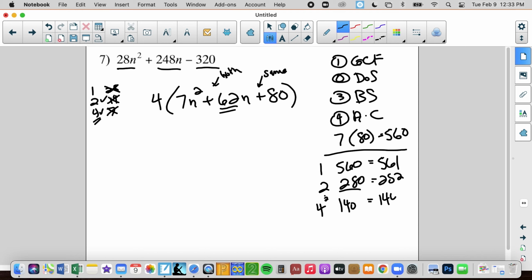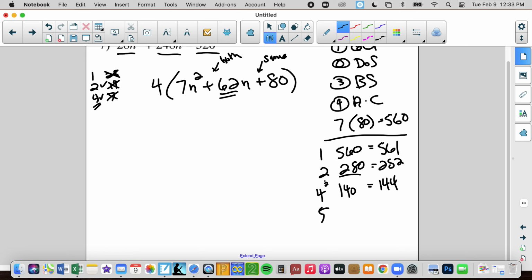And that would give me 144 when added. 5, yes, 5 goes into it because it ends in 0. So that goes in 1, 1, 2. That gives me 117. 6, no, because it didn't go into 3, because multiples of 6 go into 2 and 3 also.